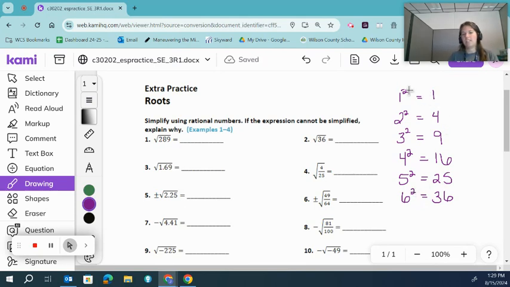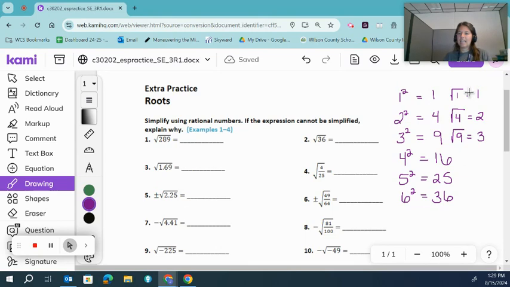Okay, so for instance, if I have 1 squared is 1, well then the square root of 1 is 1. The square root of 4 is 2. The square root of 9 is 3, and so on.